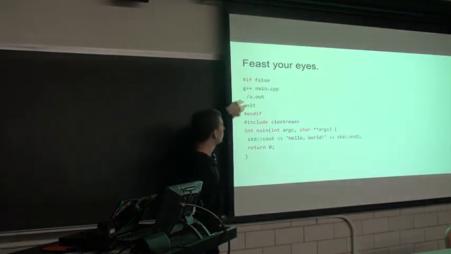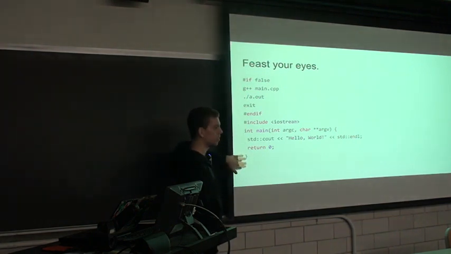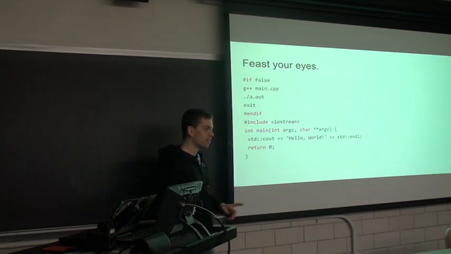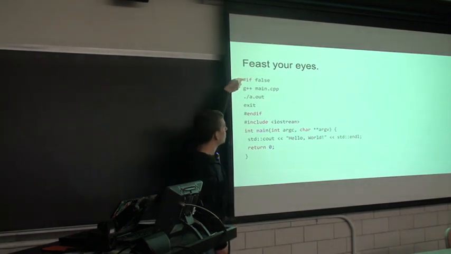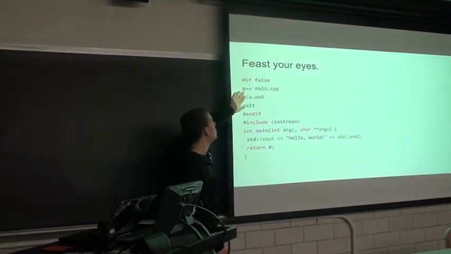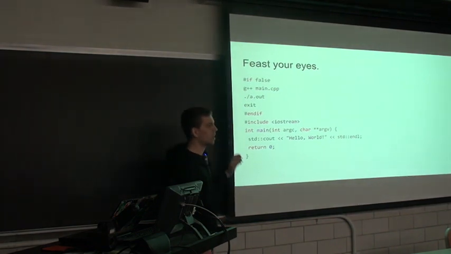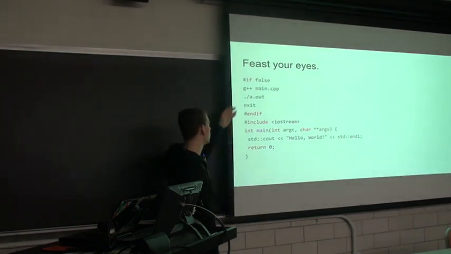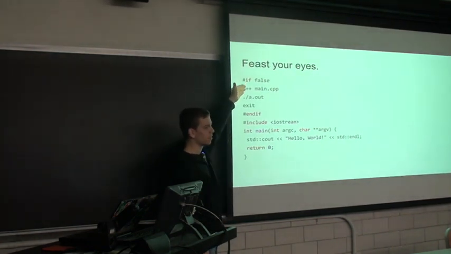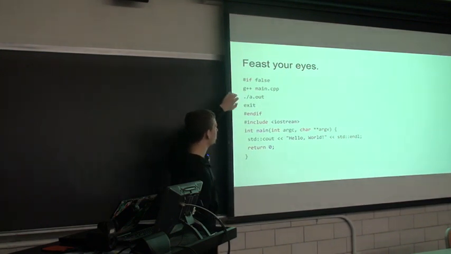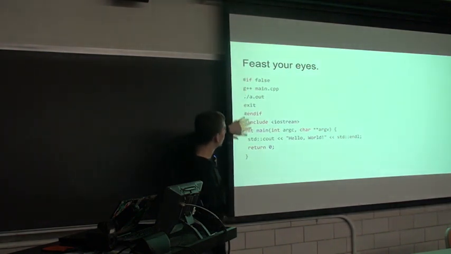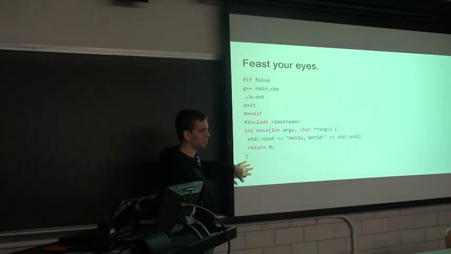The preprocessor, when it sees this, is never going to try to parse these three lines as C++, because we told it not to. So it's going to ignore this, and the rest of this is a valid C++ program.